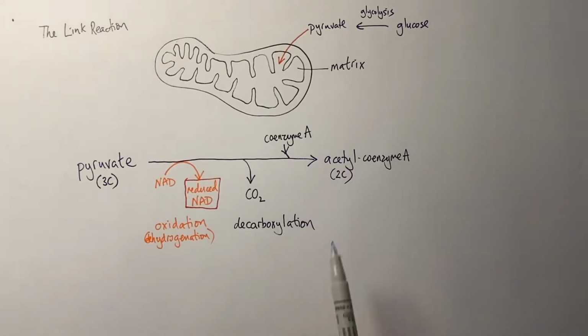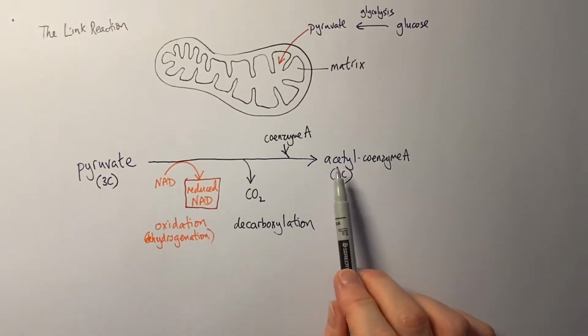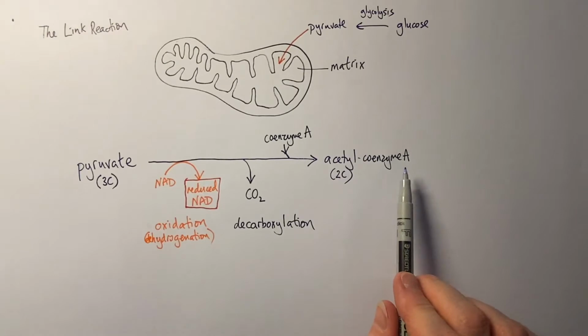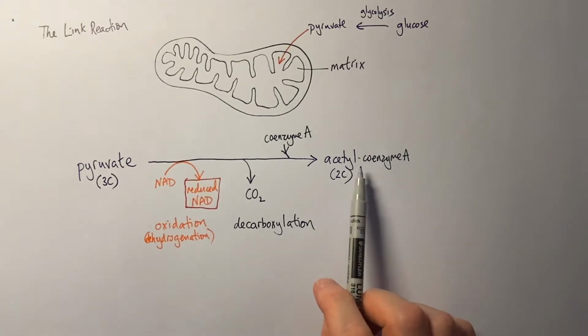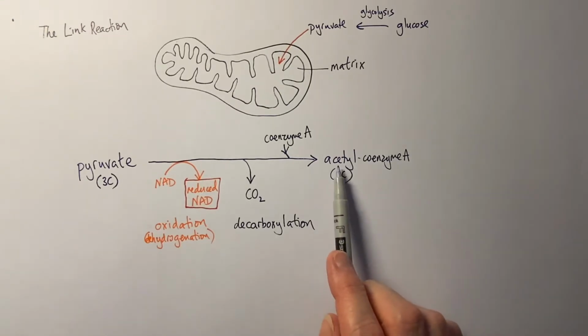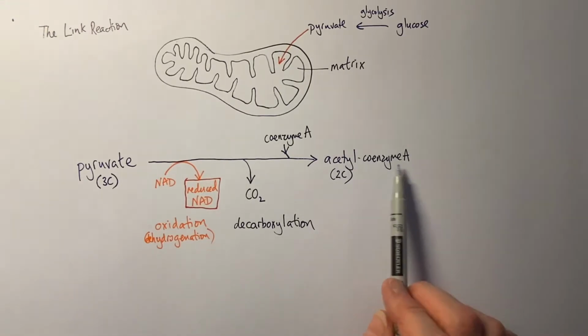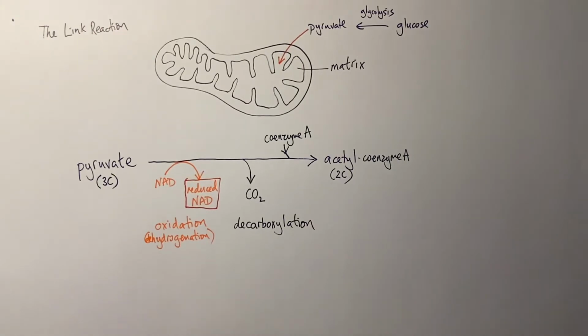So the product of the link reaction is actually acetyl coenzyme A, and we say that is one substance, but in fact it is where the next process is going to take place, because acetyl coenzyme A will go off and the coenzyme A will lose the acetyl groups, and we'll talk about that in the next part.